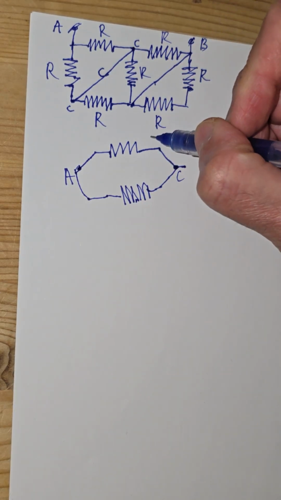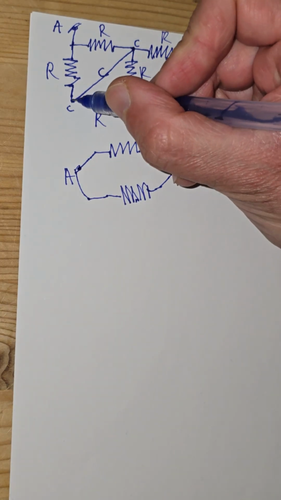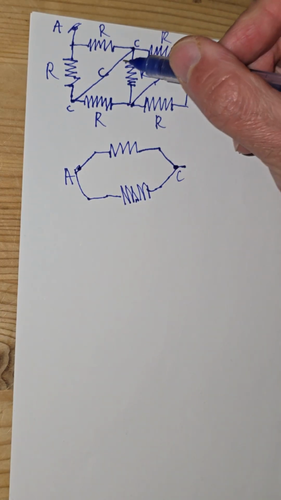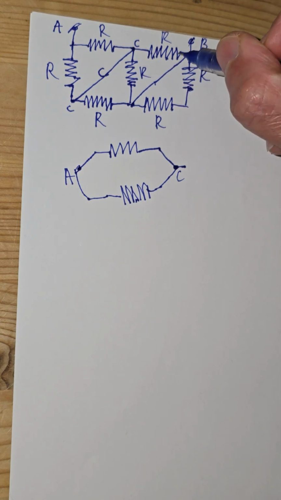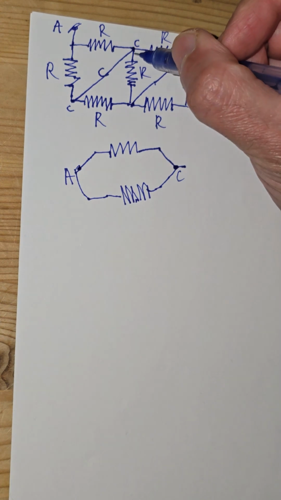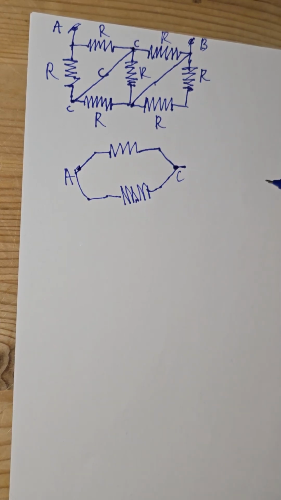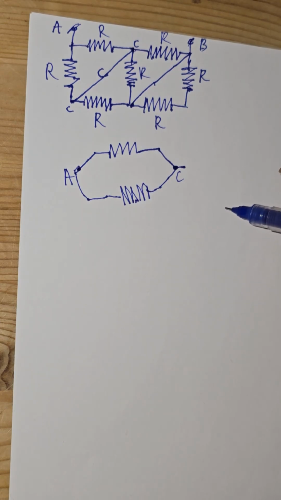These resistors and these resistors are also connected to the same point, to the C. And this one is also connected with one end to C. So we have 3 resistors which are connected with one end to the same node.